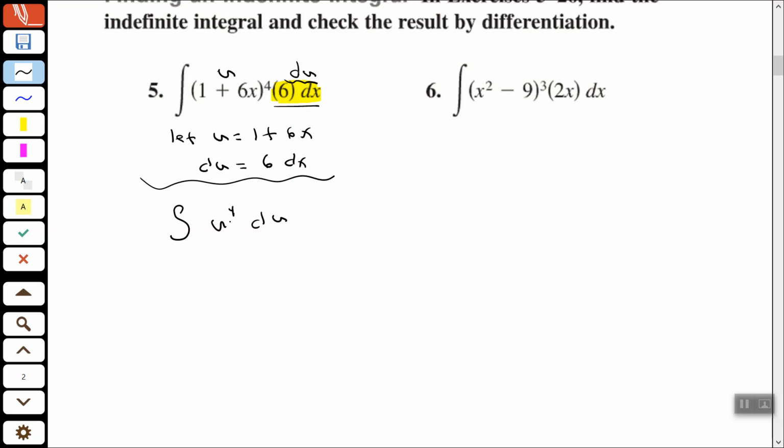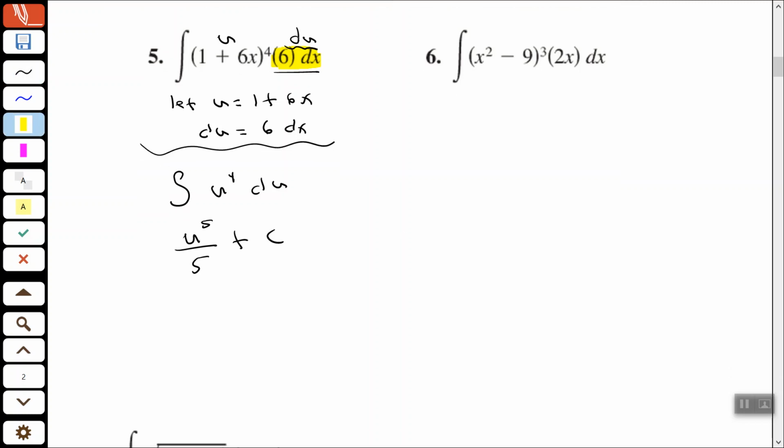Now this is a lot easier to integrate using our power rule. That would be u to the fifth over 5 plus c. Last but not least, we want to rewrite this back in terms of x. So we replace u with what it was equal to, which is 1 plus 6x.